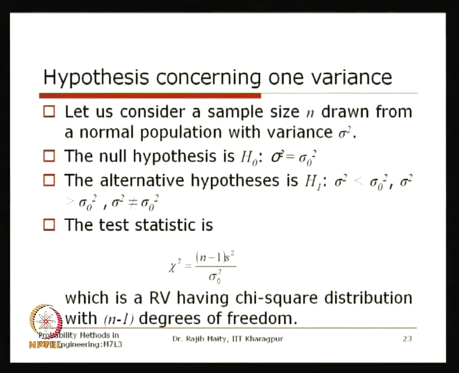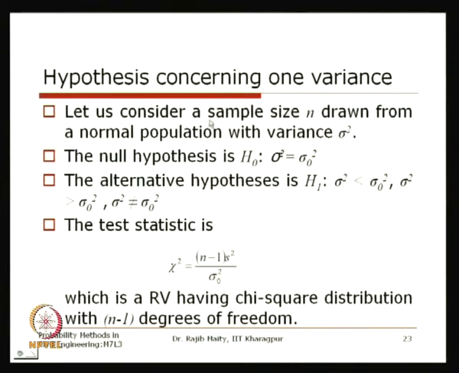Well, so far we have seen the tests for one mean and two means, and now we will see the variance. First we will start with one variance, and then we will go for the second variance.